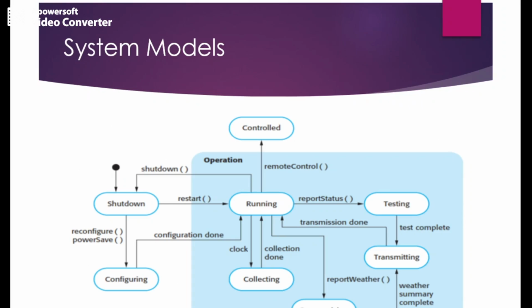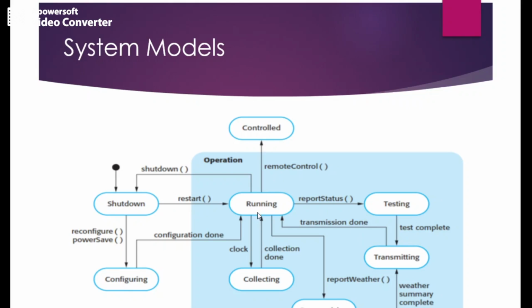So this is the actual explanation of the state diagram. You can see different states. The initial state is shutdown state. Once it receives a restart message, it moves to running state, meaning it gets back to its normal operation. If it receives a reconfigure or power save message, it will move to configuring state, where it will reconfigure itself.